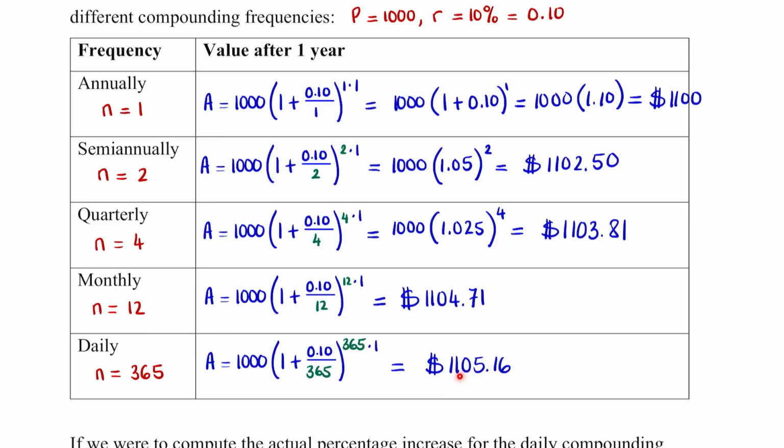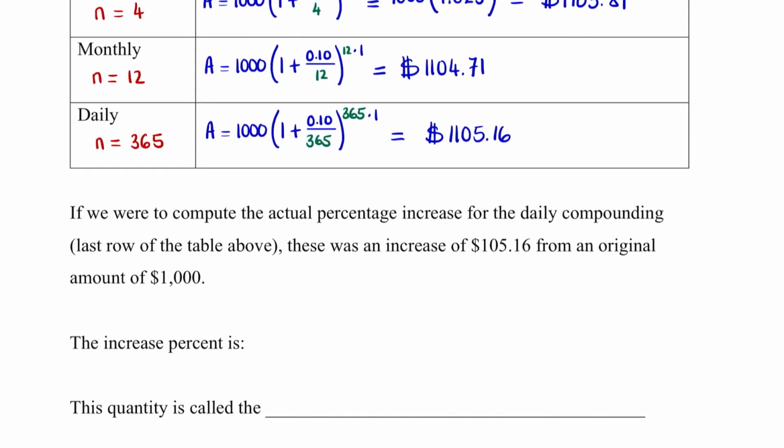So if I take 105.16 divided by my principal, which is $1,000, then I'll have 0.10516, which is equivalent to 10.516%.